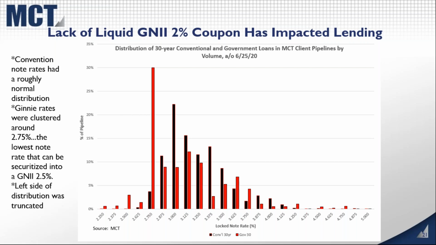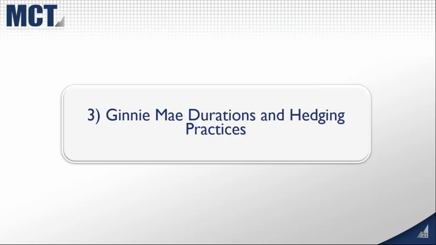I'd argue that's a factor that has helped mortgage rates decline, whereas before the 2% coupon developed liquidity, even though Treasury rates were at roughly the same level, the distribution of mortgage rates was much higher. So this is a very interesting development that bears watching.